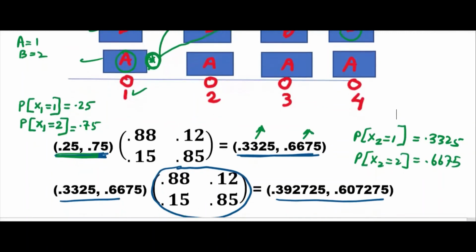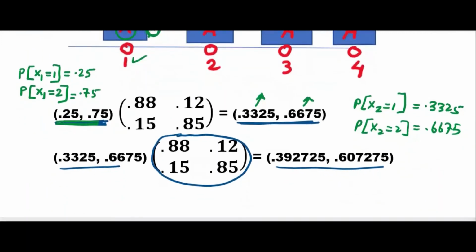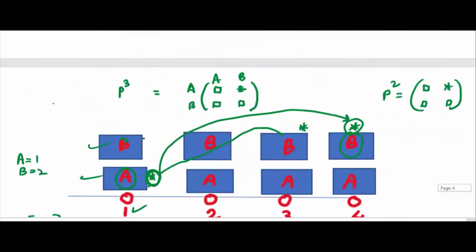Now if you go back to the question, you want to know about x3, x1 to x2, x2 to x3. x3 is equal to 1, this probability, and this one is x3 is equal to 2. Whatever you want, you can find.